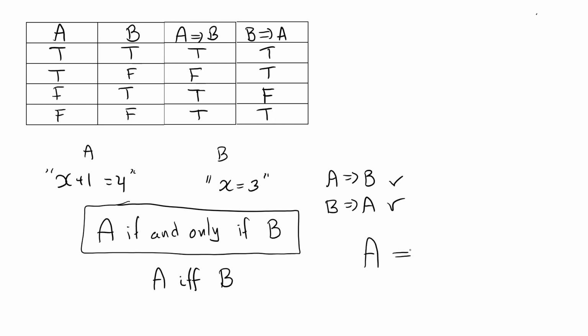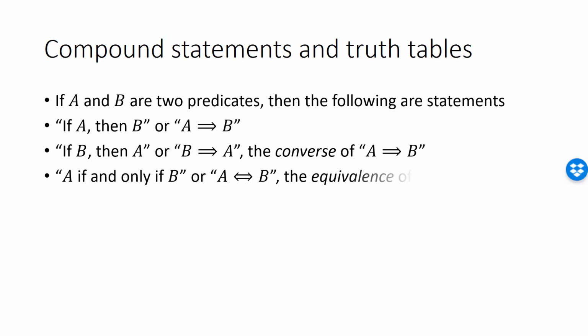A is equivalent to B, and we call this the equivalence of A and B. x plus 1 equal to 4 and x is equal to 3 are equivalent, while x greater than 0 and x greater than 1 are not.